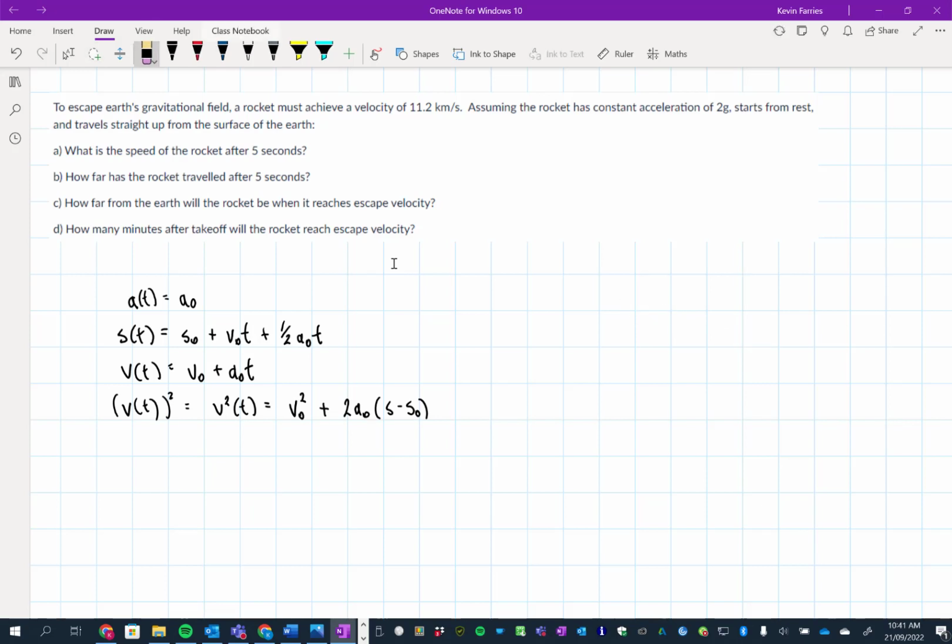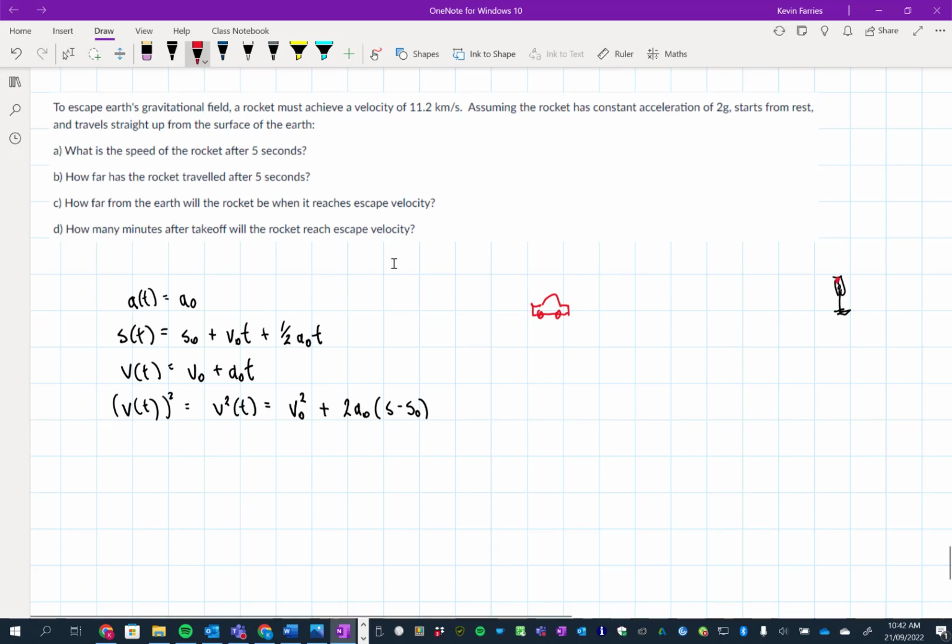Another example might be a car. It might initially be traveling at constant velocity, and then it might see some traffic lights. So the car might be moving along with constant velocity, and then the lights turn red.